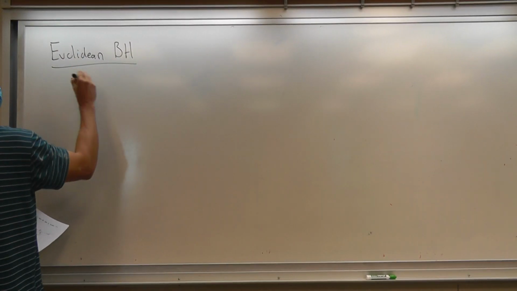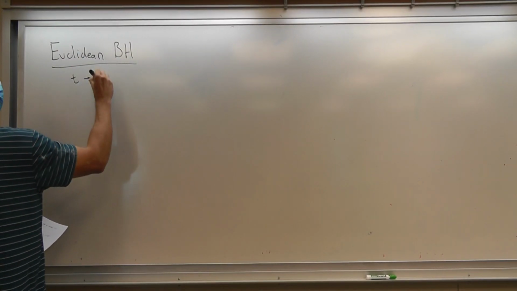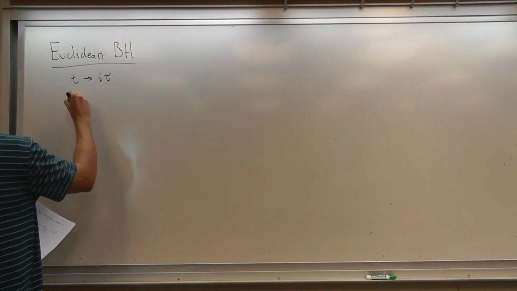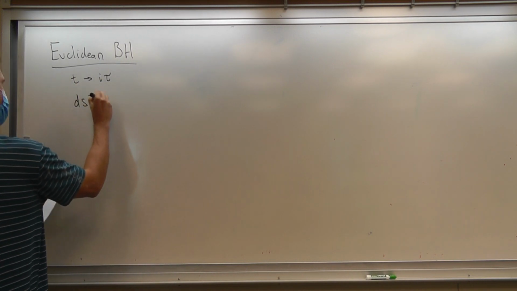We just take the Schwarzschild metric and take t to i tau, and that gives us the Euclidean metric. So let's write it down again.